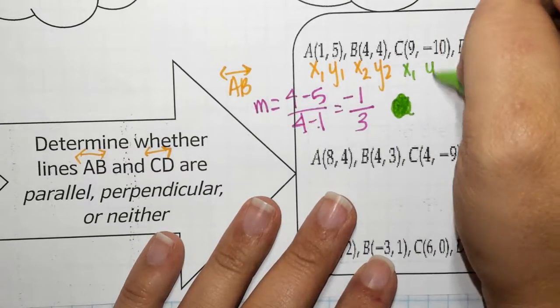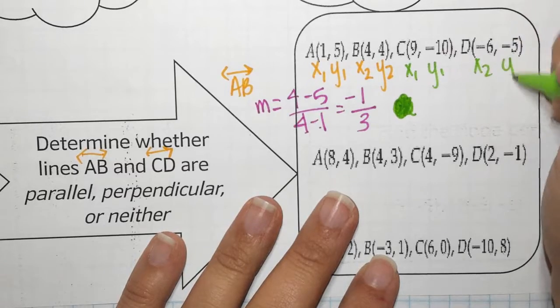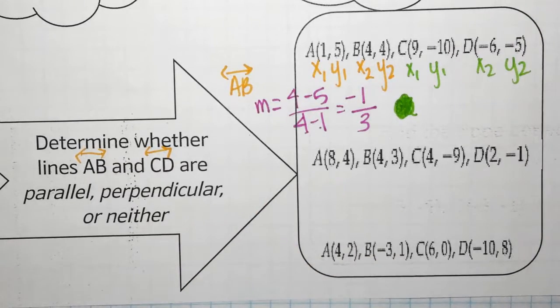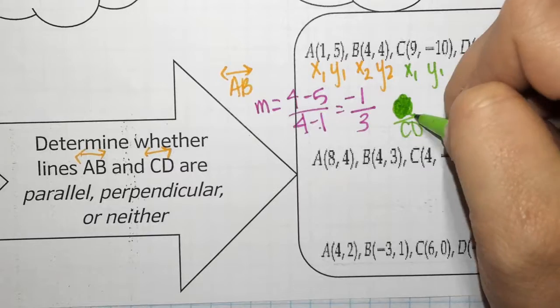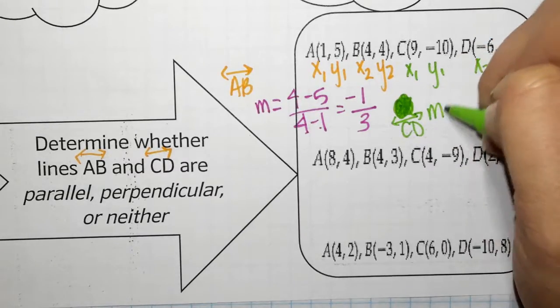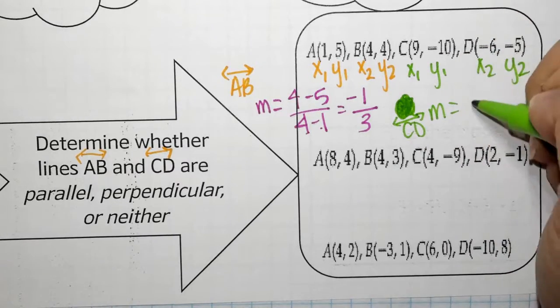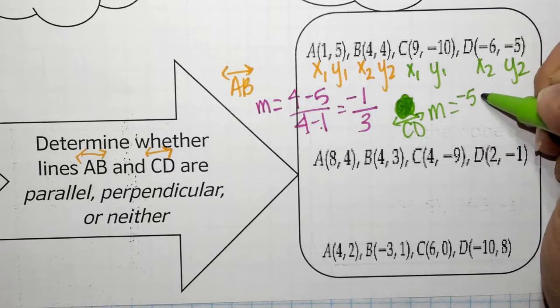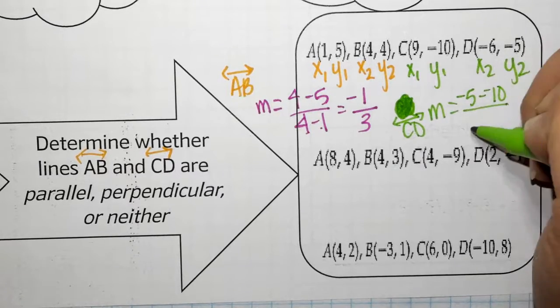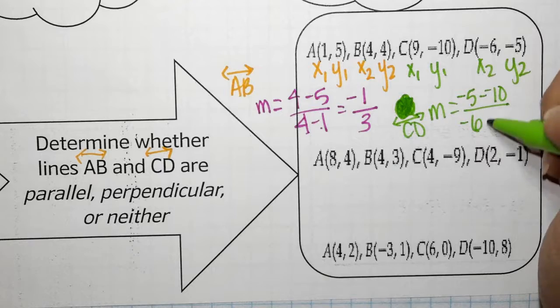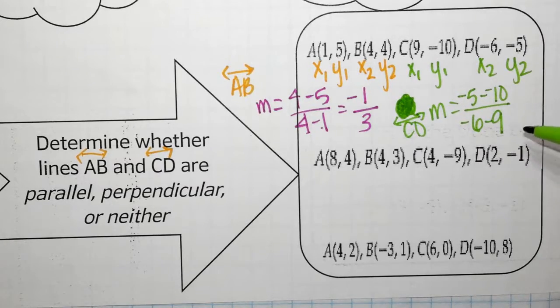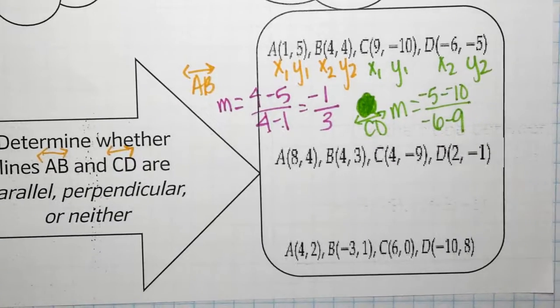Label this x1, y1, x2, y2. So now we're going to find the slope of CD. That's negative 5 minus a negative 10 divided by negative 6 minus 9.